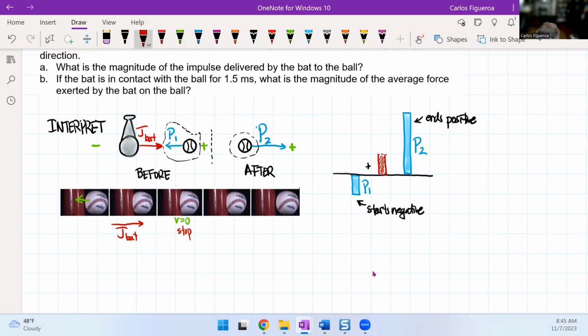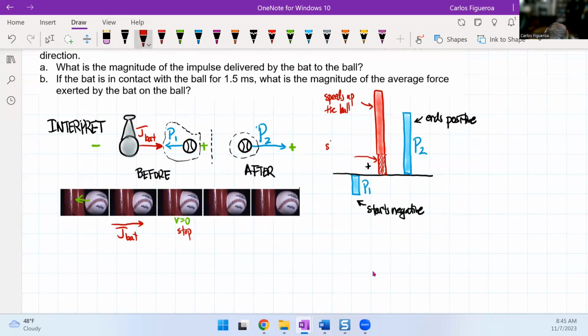So what you're seeing here is that if this thing is worth 3 squares, then that means this has to be 3 squares as well. And this is what speeds up the ball right here. This piece right here speeds up the ball.